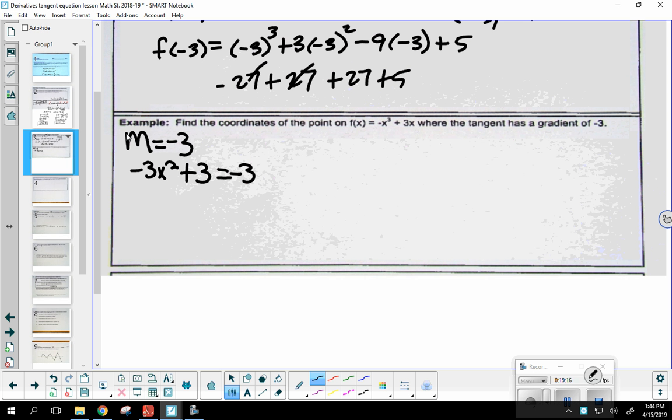Yes, I'd subtract off that 3 because we want to isolate x squared.